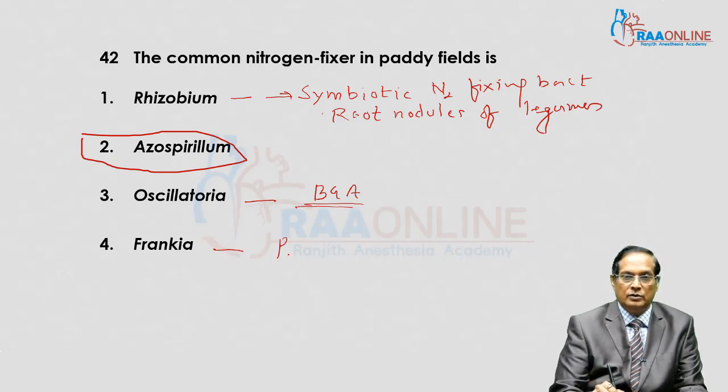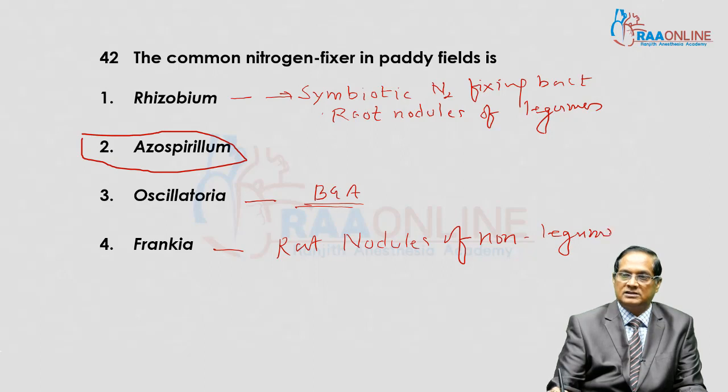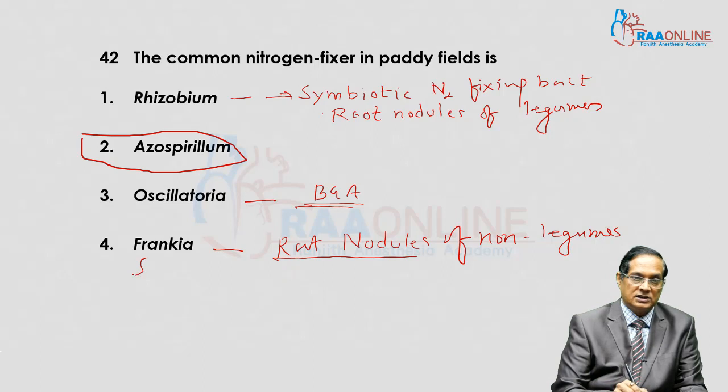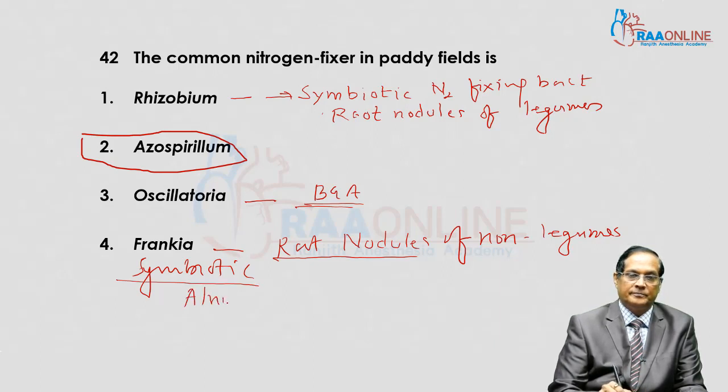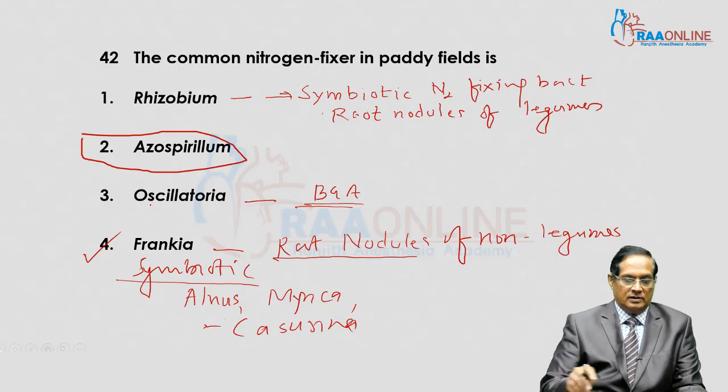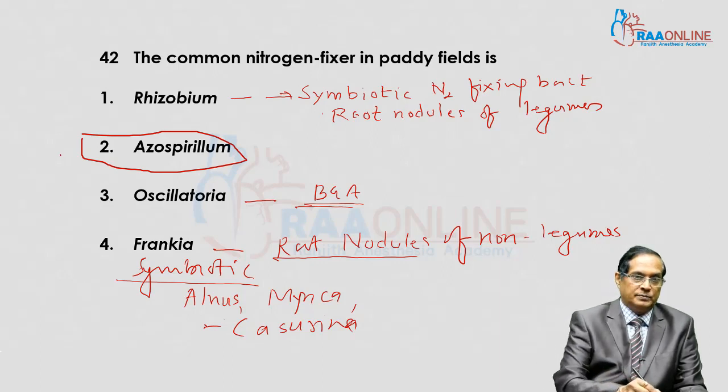Frankia is found in root nodules of non-leguminous plants, non-legumes. It is a symbiont, found in Alnus, Myrica, and Casuarina plants. So the final answer: the question is paddy field, where Azospirillum is abundantly found.